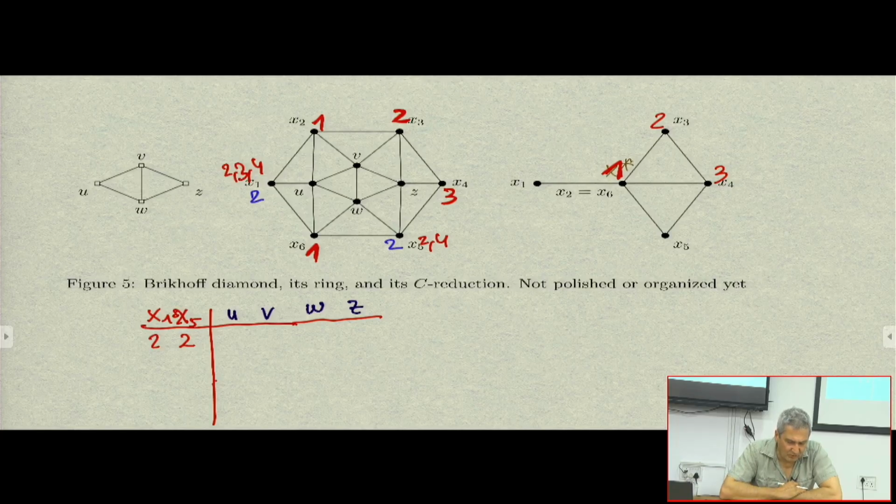If we have here 2, 2, maybe we can color it here 4, and we can color it here 4, and we can color it here 3, and we can color it here 3. Aha! So what should we color it? Maybe we can color it here 1.